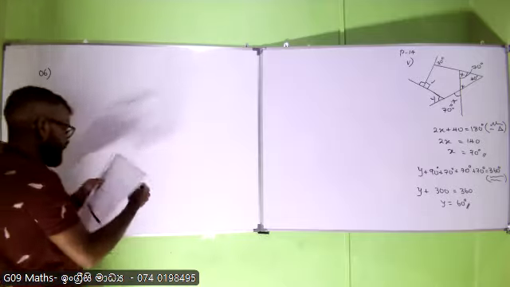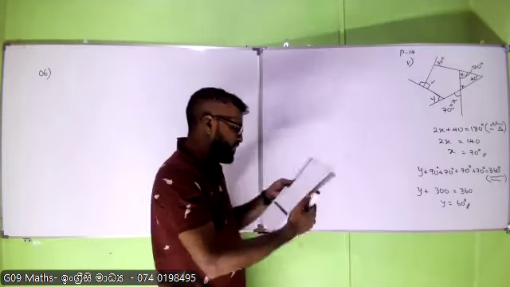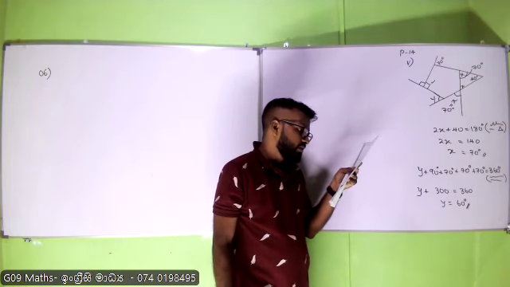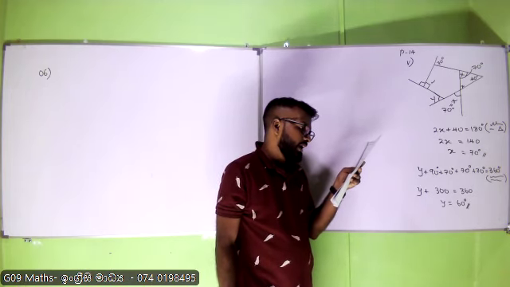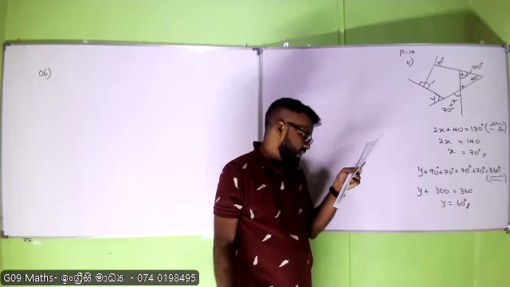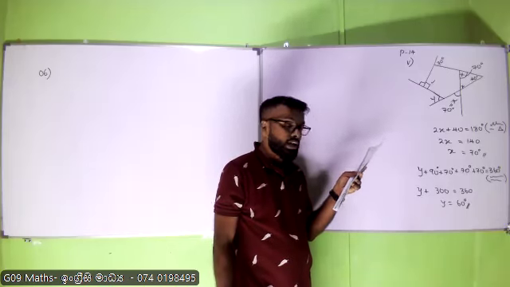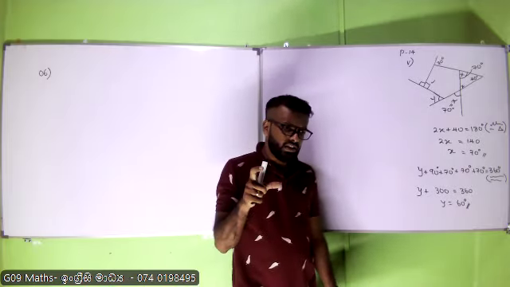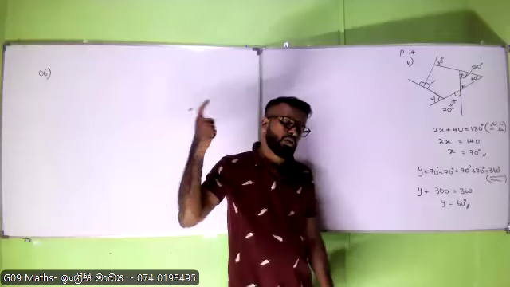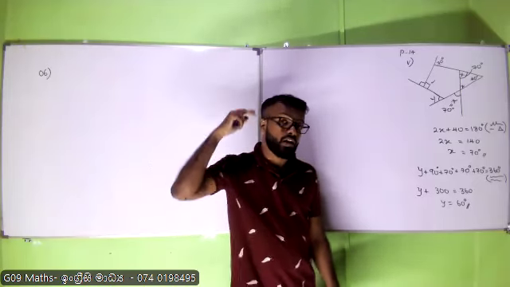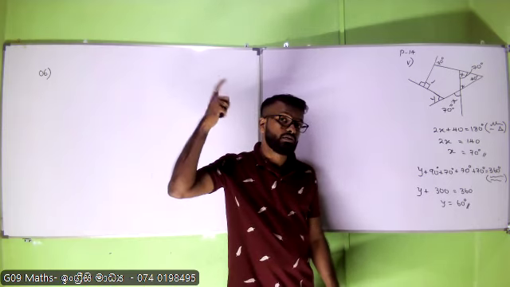So the magnitude of an exterior angle of a polygon whose exterior angles are equal is 18 degrees, right? And find the number of sides the polygon has. Now, you know the number of exterior angles equals the number of interior angles, which equals the number of sides.